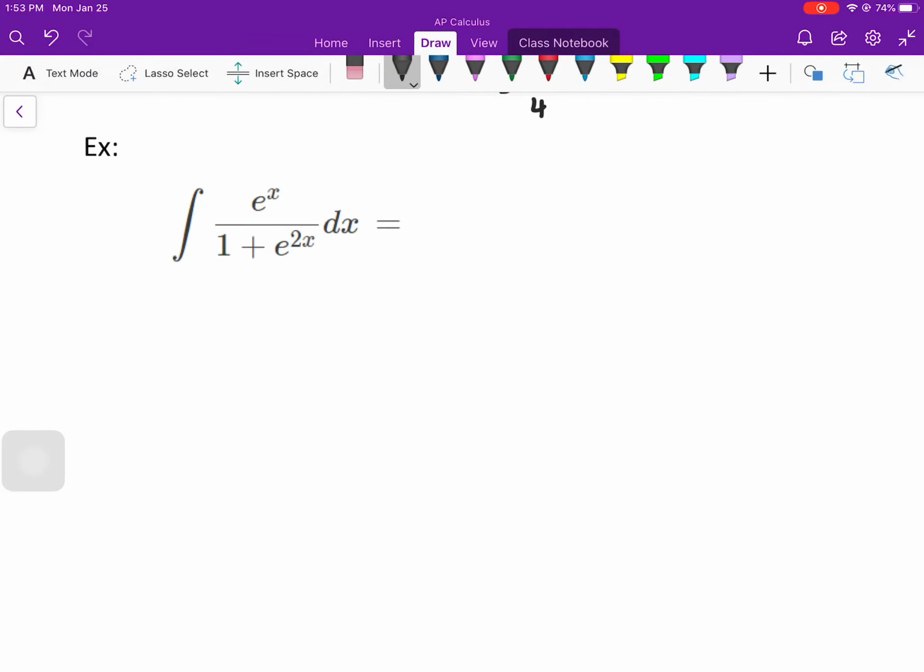Okay, so this one's going to kind of follow that arctangent one. Now, how am I going to make this work? I'm going to have to actually change things before I determine my u. And so remember that when you have something like x squared to the third equals x to the sixth, because we multiply the exponents.